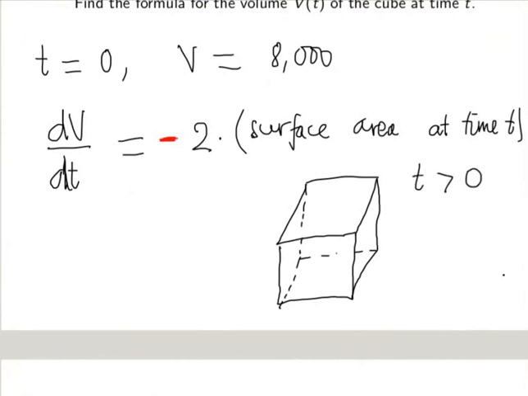When t equals 0, we have a bigger cube with volume 8,000, but here is time t positive. So the volume will be V, and let's say we have the side length x. Again, at time t, x is not the initial one.